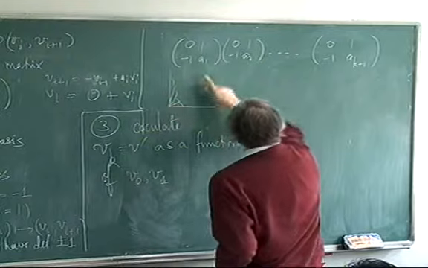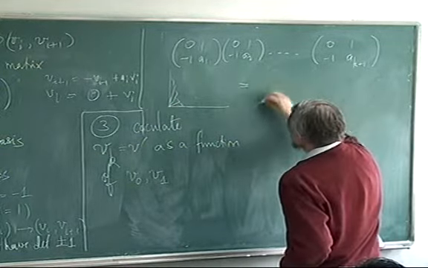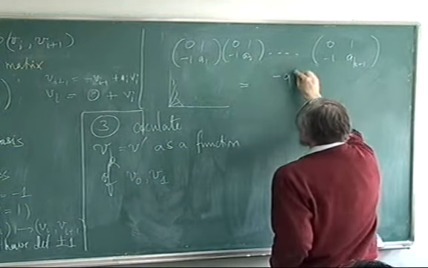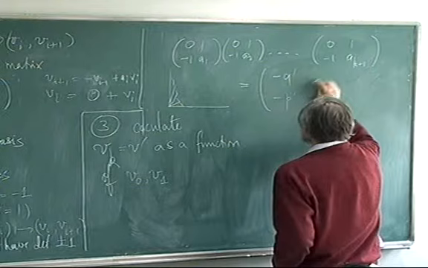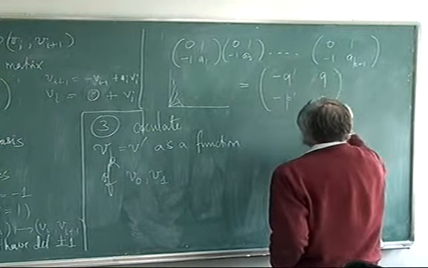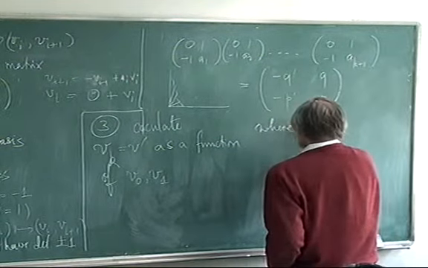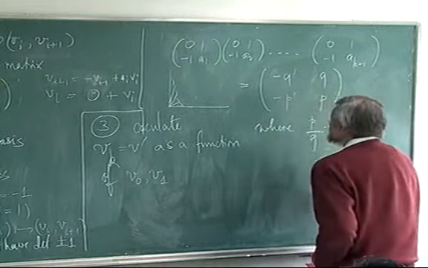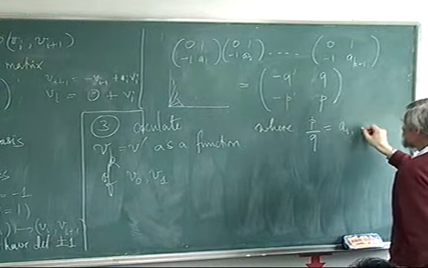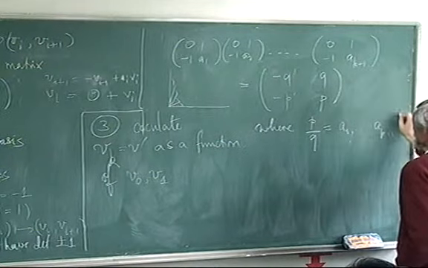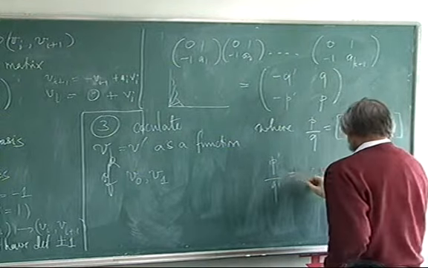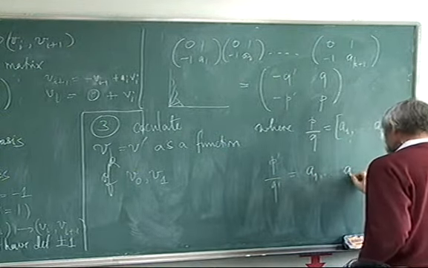This thing turns out to be, I think, Q prime, minus P prime, minus Q, plus P, where P over Q is [a_1, ..., a_{k-1}] and P prime over Q prime is [a_1, ..., a_{k-2}].